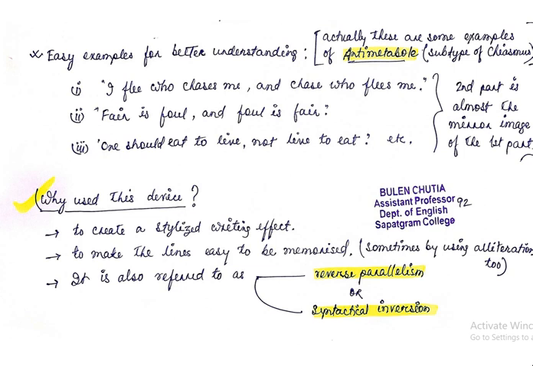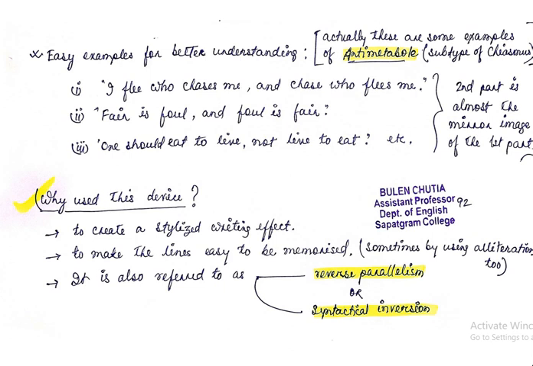By using some kind of alliteration or other such devices along with chiasmus, the writer makes it very easy to memorize. Something different, this is why it is easy to memorize.